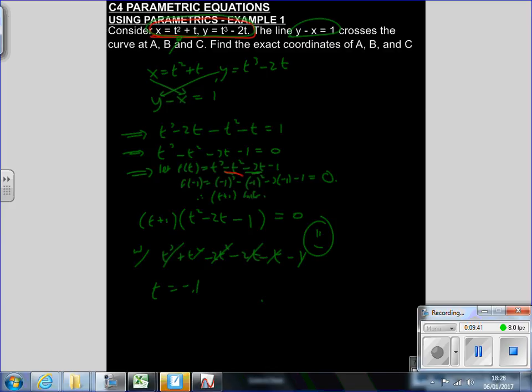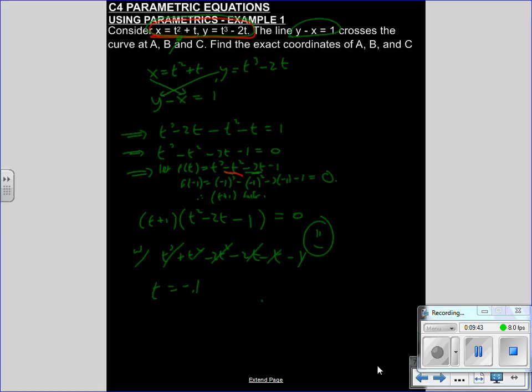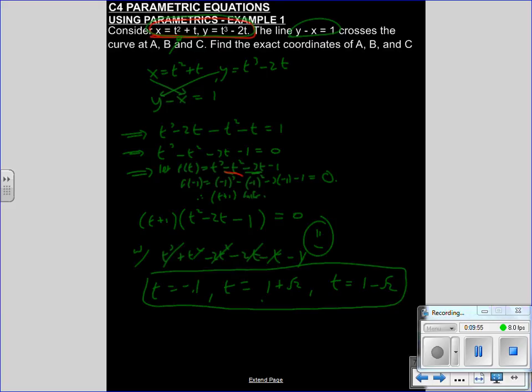And what we get is t is minus 1, t is 1 plus root 2, t equals 1 minus root 2. I didn't actually have my magic calculator, so I paused the video and did it through the quadratic formula.